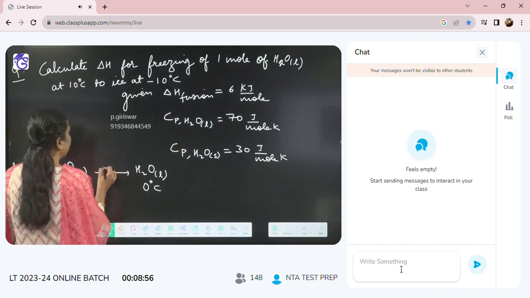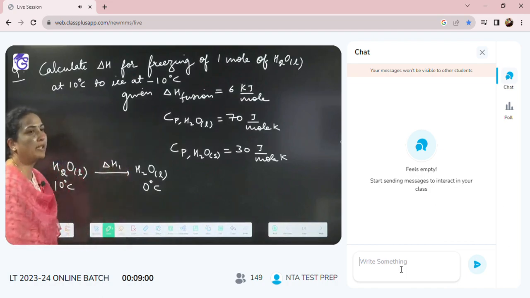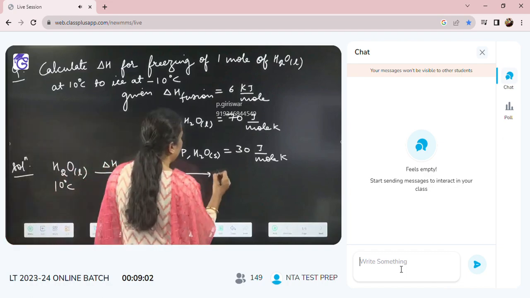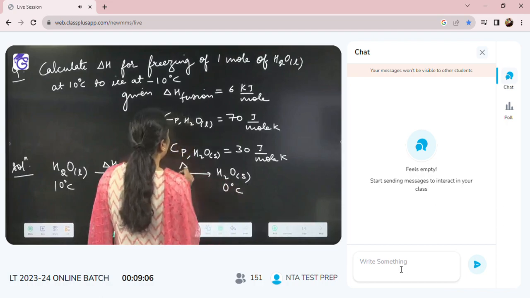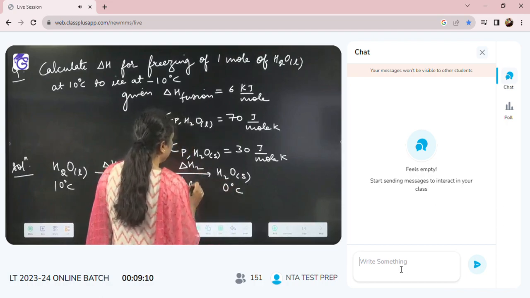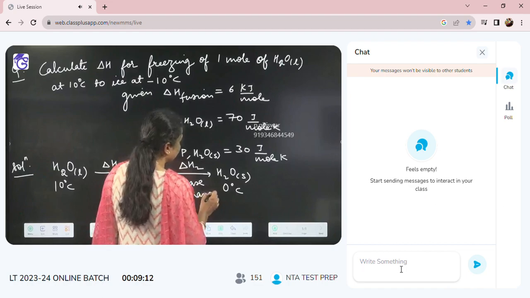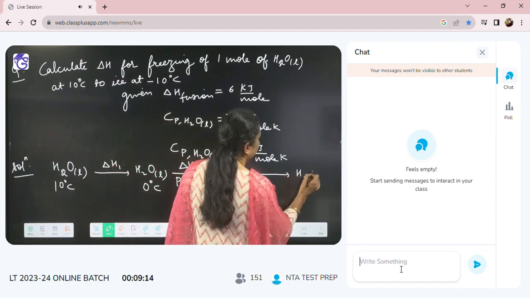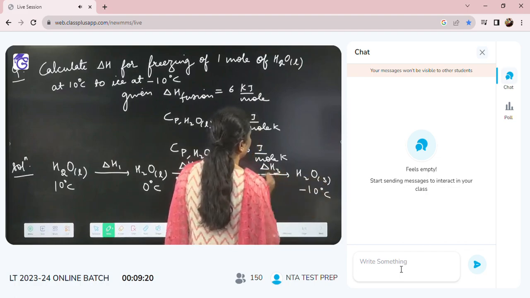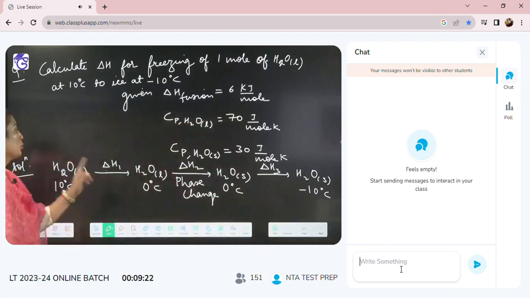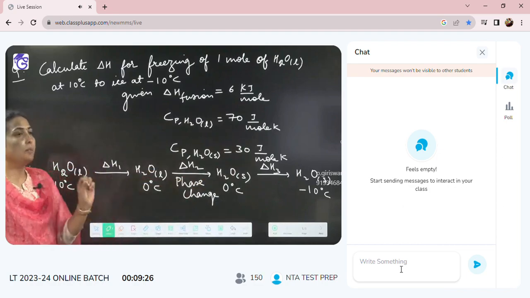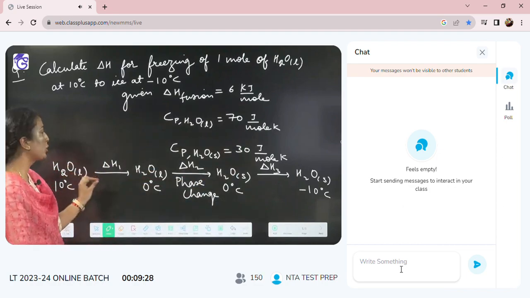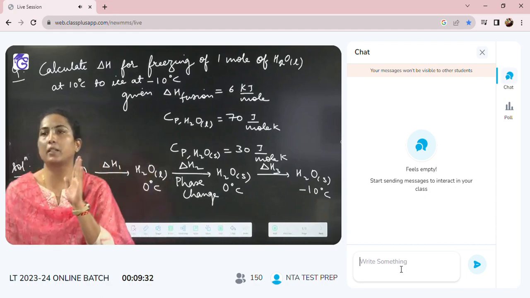Let us denote this enthalpy change by delta H1. Then I do the phase change to H2O solid at the same temperature. Let us say this is delta H2, the phase change. Now I lower the temperature of this ice to minus 10 degrees Celsius, and this is delta H3. So delta H of the entire process is the summation of delta H1 plus delta H2 plus delta H3.